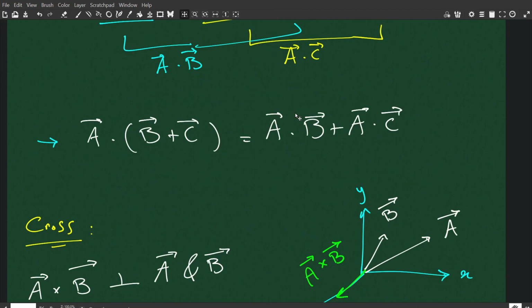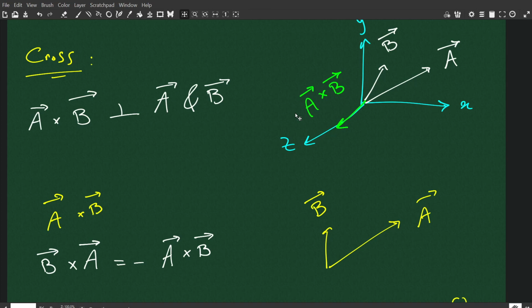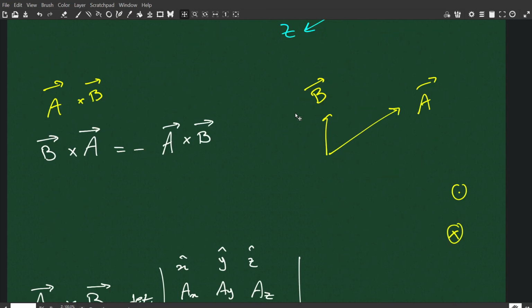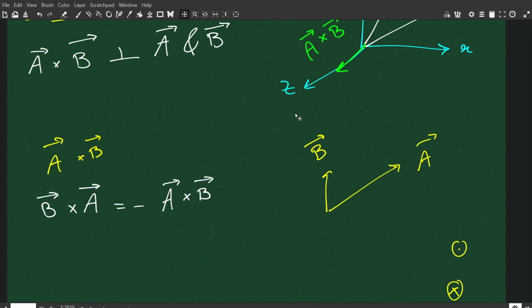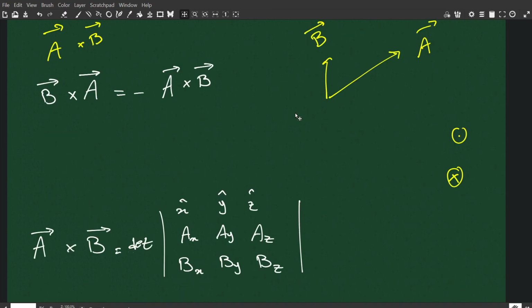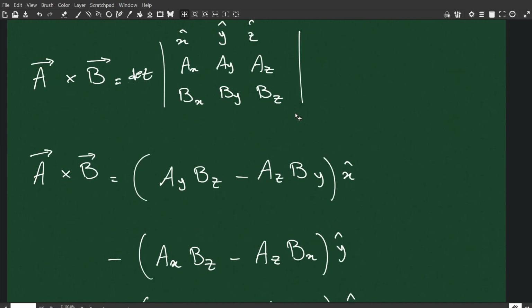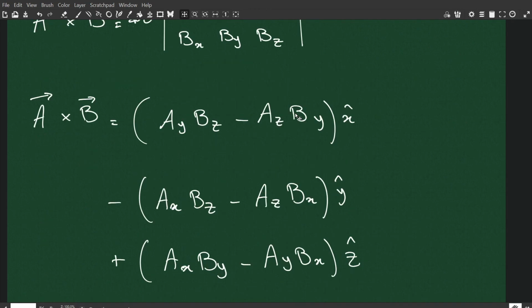And finally we learned about the cross product for multiplication between two vectors. We defined it, showed how to determine its direction, and finally there is a way to write it in Cartesian coordinates that we will prove in the next video.